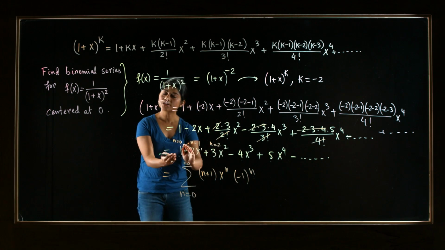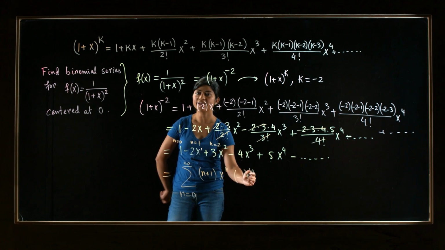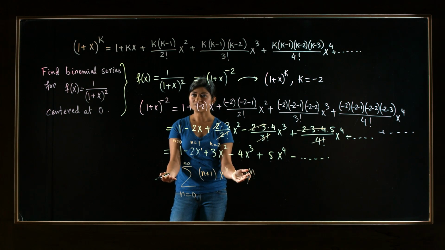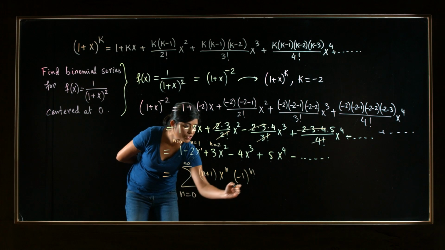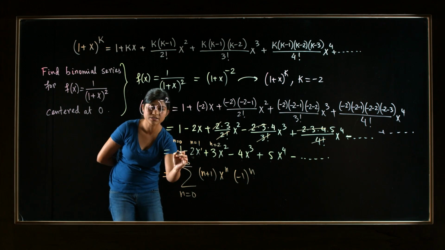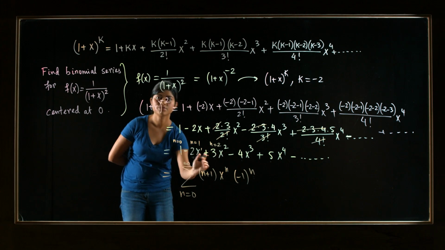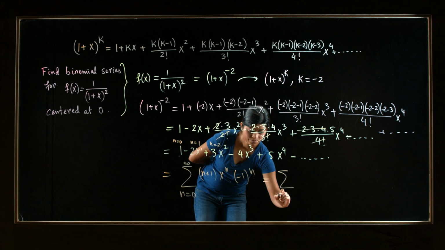So whenever you have alternating negative and positive, you will always end up having negative 1 to the power n or n plus 1 in your expression. Just check. For n equals 0, we need to get a positive, and we get a positive. For n equals 1, we should get a negative. So we're good.